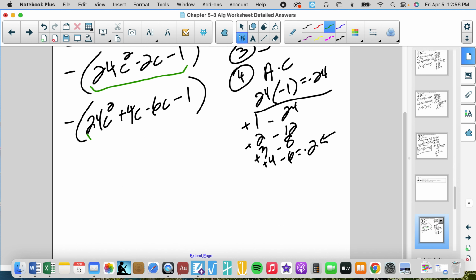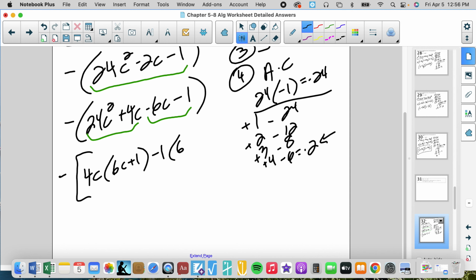Now I'm going to factor by grouping just like I did before. So I have my negative. Now factoring 24c plus 4c, they both have a 4c. So that's going to be 6c plus 1. Ooh, that's a fun one. From the second grouping, I'm going to factor out a negative 1. Another tricky one. 6c plus 1. And see, I did it correctly because these are still the same.